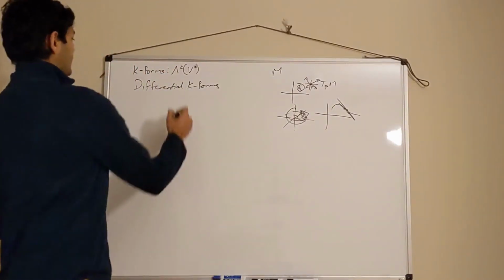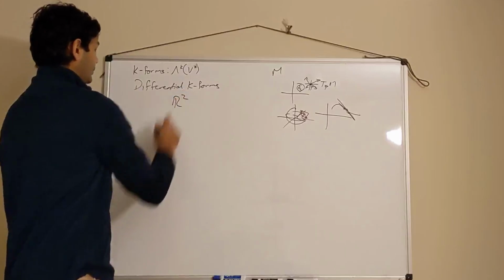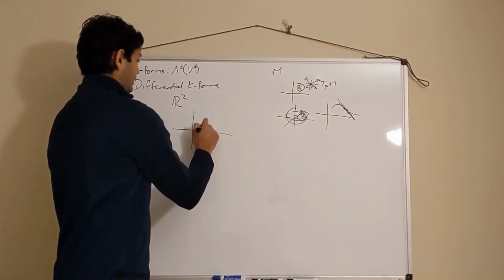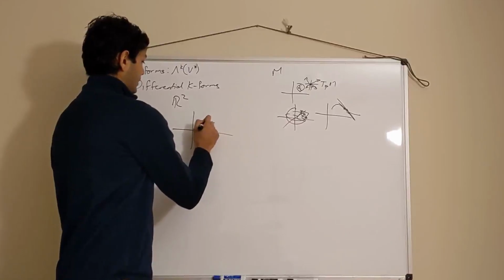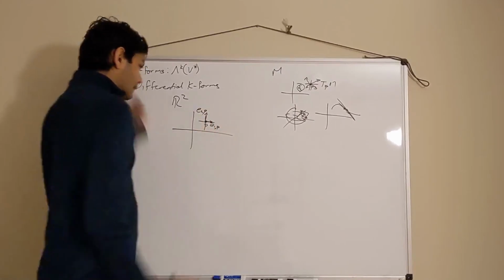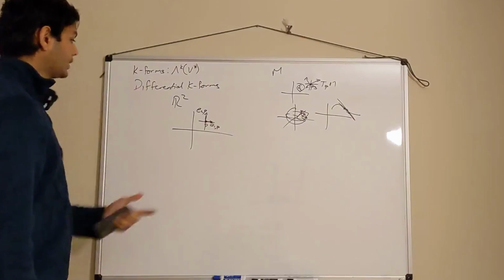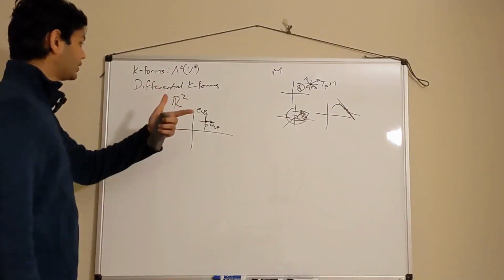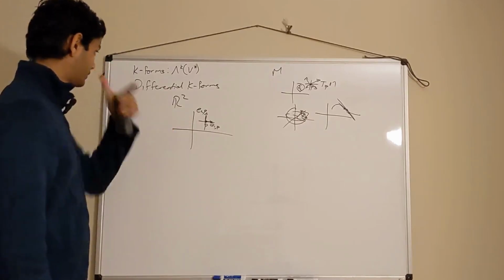So let's first, as always, restrict ourselves to R^2. In this case, at every point P, our tangent space is spanned by two vectors. I'll call them E1P and E2P. E1P is pointing in the x direction, and you can think of it as having a length of 1, and E2P is pointing in the y direction and having a length of 2.